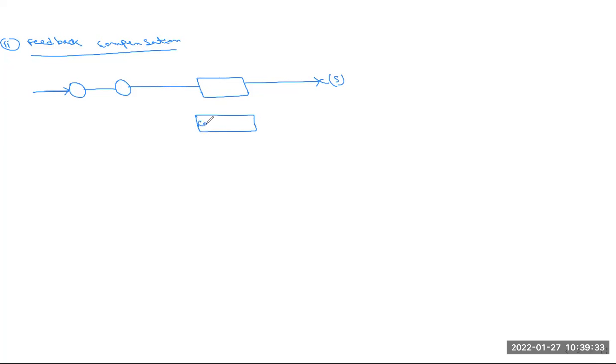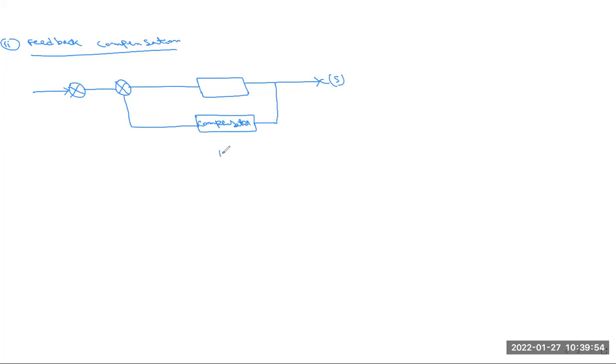This is the compensator. And this compensator is attached from this summing point to the output of the system.